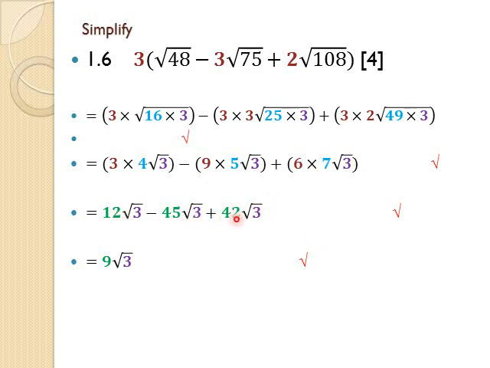So 12 plus 42 gives me 54, minus 45, because they're like terms, 9 square root 3. So 1 mark for correct multiplication, another mark for correctly simplifying my perfect squares, 1 mark for correct multiplication, and 1 mark for the final answer.